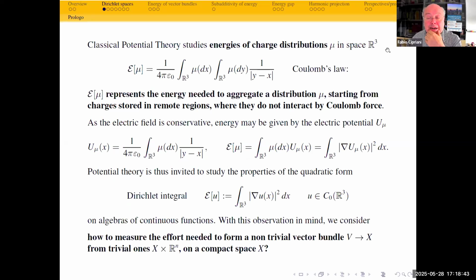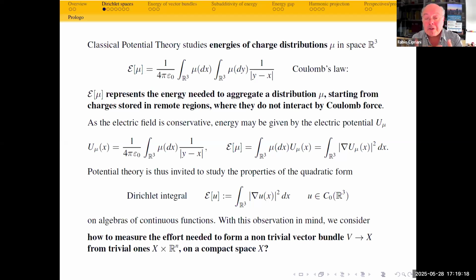And to start, we recall two or three basic features of classical potential theory, in which one studies the energy of a certain mass or charge distribution. For example, in three dimensions, by the Coulomb law, the energy of the distribution is given by this formula, where the Newtonian kernel appears in the double integral.